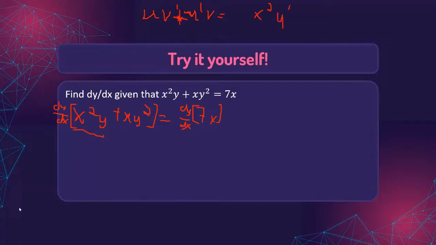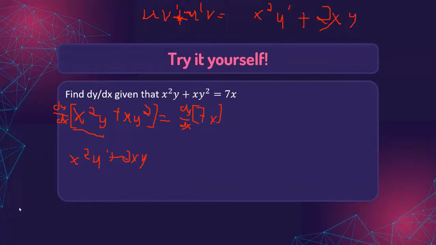Then our u prime here is the derivative of x squared, which is 2x, and we just copy our y. So the derivative of our first term is x squared y prime + 2xy.